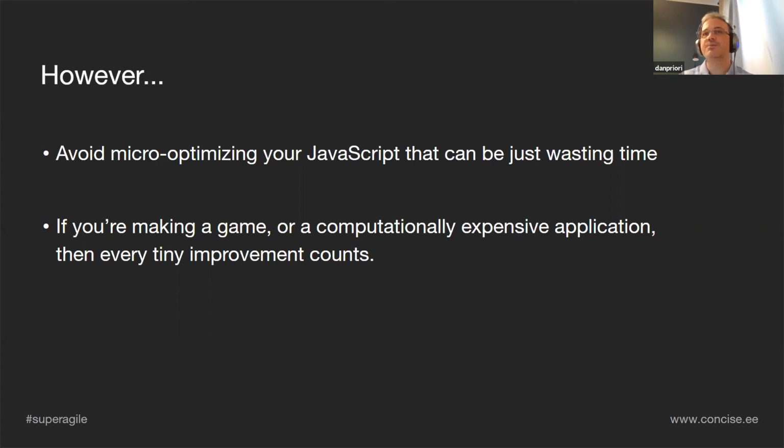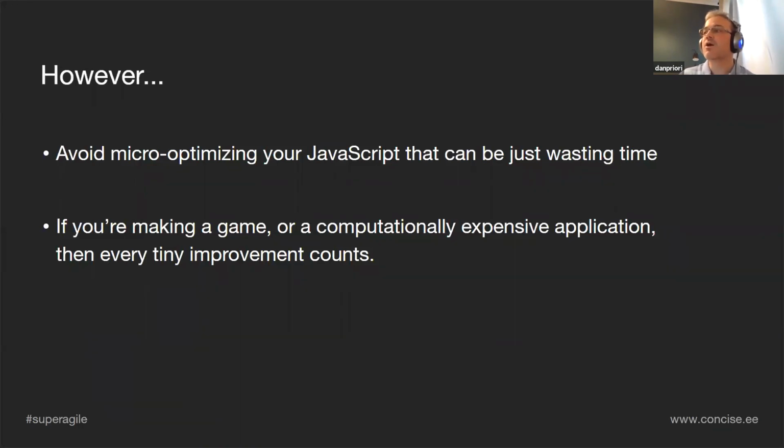However, again, this is something you need to consider as well. Try to avoid micro-optimizing your JavaScript. That can be just a waste of time, okay? It may be cool to know that the browser can execute one version of a thing 100 times faster than another, like requesting an element's offset top is faster than computing getBoundingClientRect, for example.